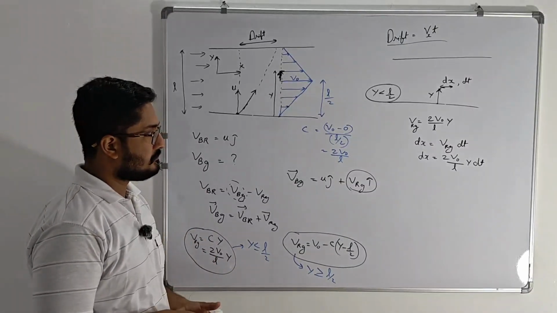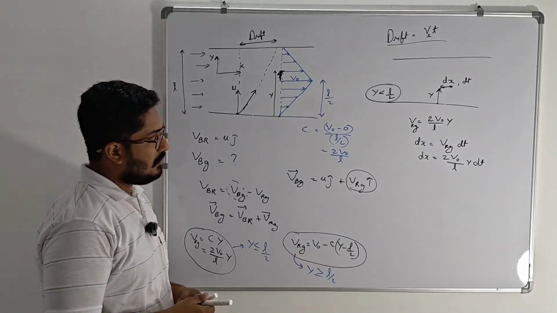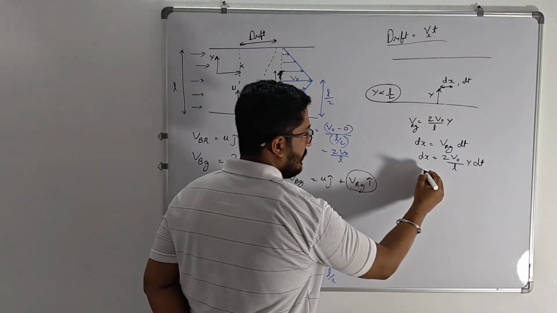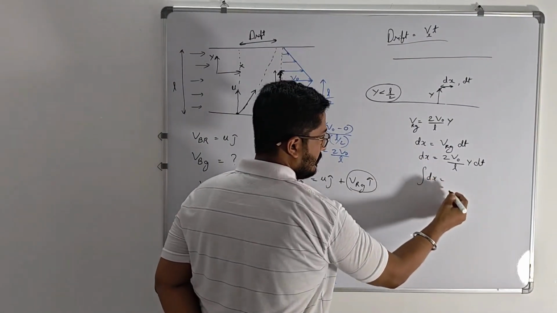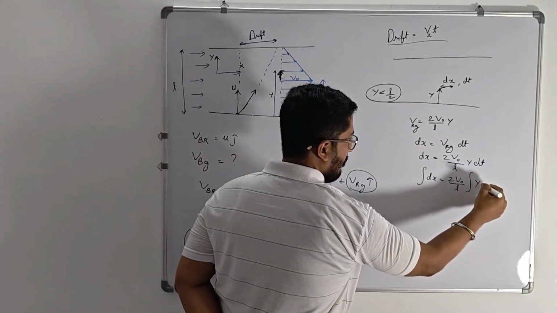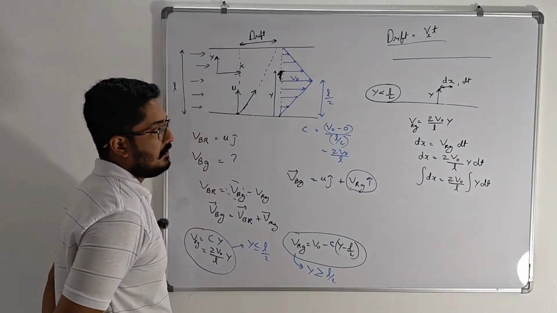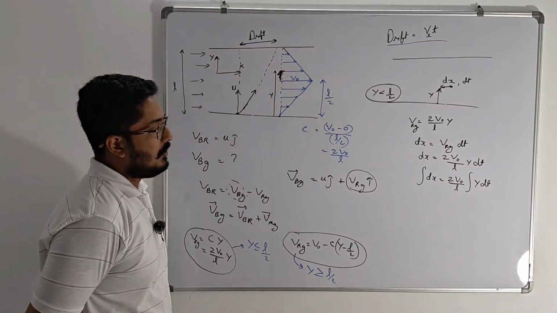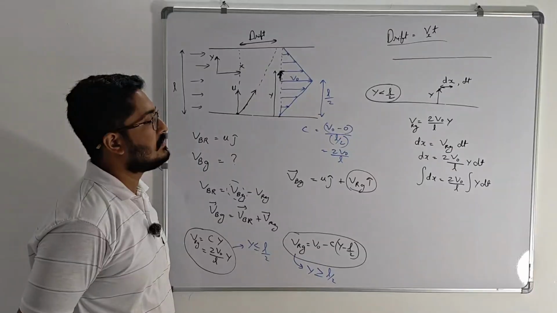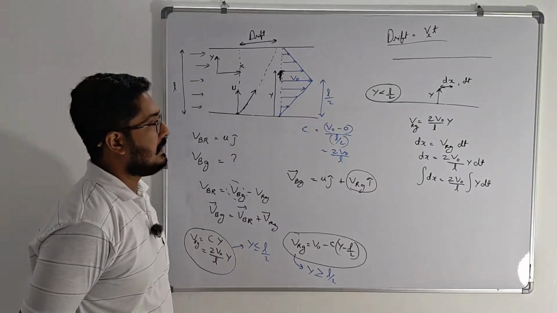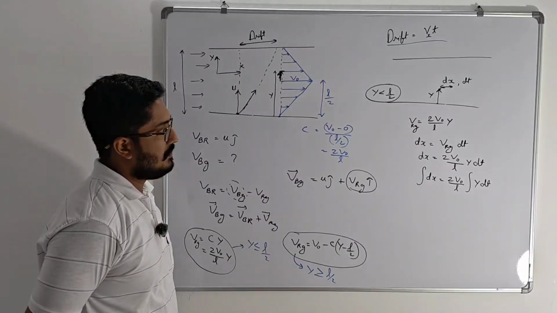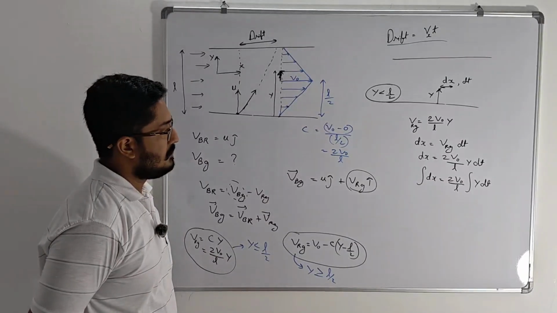So to find the total drift, I'll have to integrate. Integration of dx is equal to 2V0 by L times the integration of y dt. Now in y dt, y is the distance and dt is the time. What can we do?